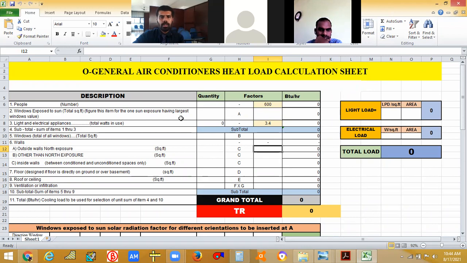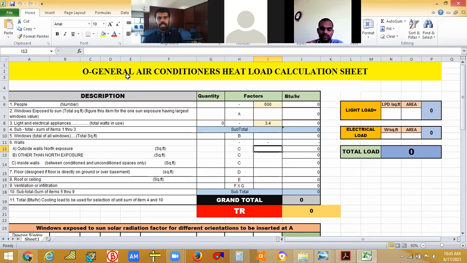Now, this is the General Air Conditioners heat load calculation sheet, which has been produced or designed by General Air Conditioners. This is typically for their equipment, but still there is not much difference when choosing for other brands also.